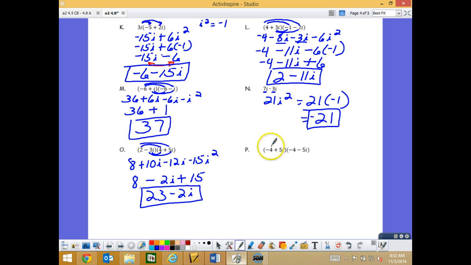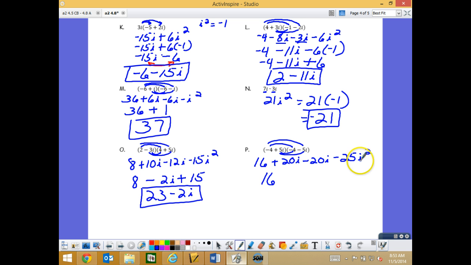And finally, P, negative 4 times negative 4 is 16, plus 20i minus 20i minus 25i squared. So combining the like terms, the 20i's cancel out, so they're gone.